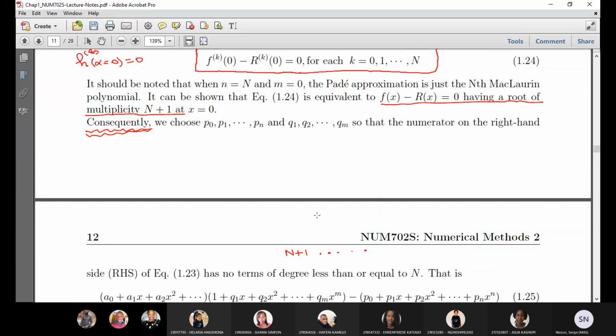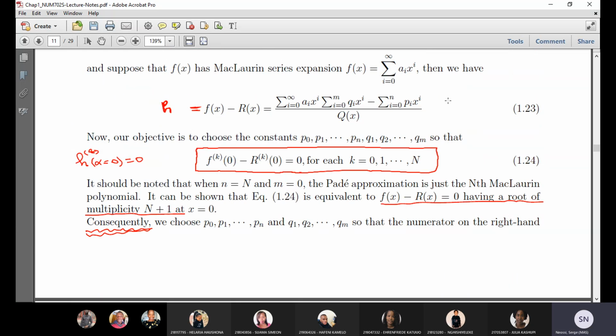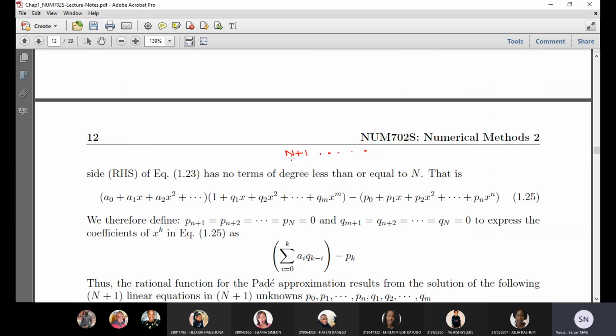So all the terms from k equal to 0 up to n in the numerator will be set to 0, because if only these degrees appear, it means that the rest are zeros, right?